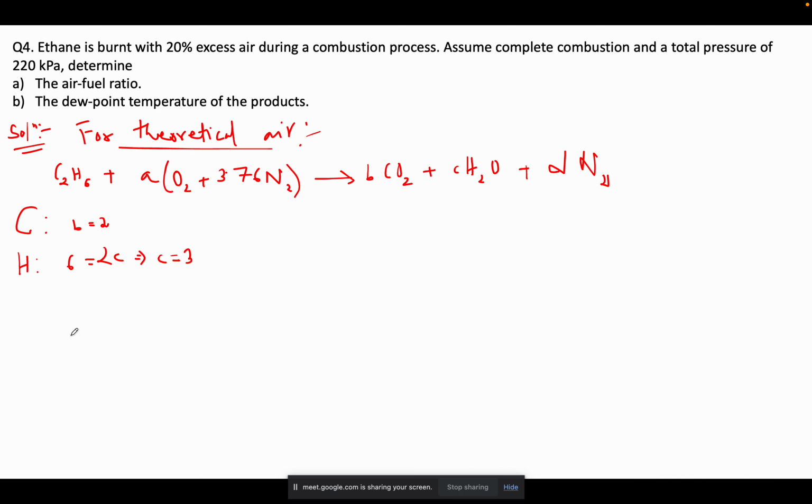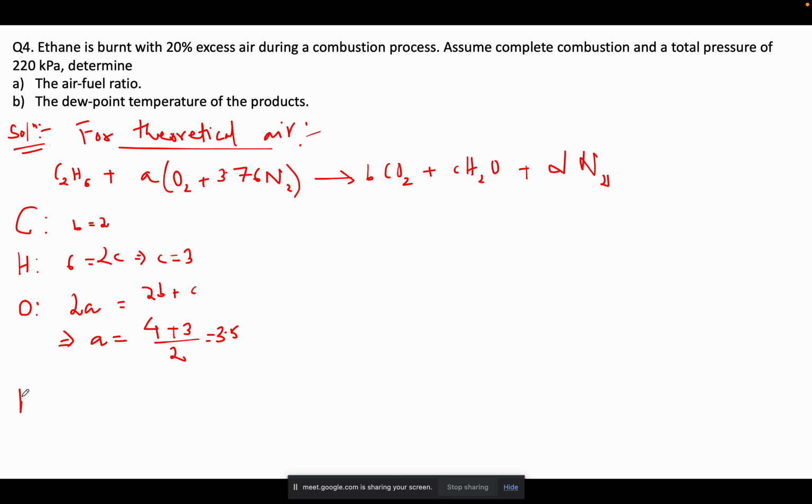Then mass balance for oxygen gives me 2A equals 2B plus C. This implies A is nothing but 2 into 4 plus 3 by 2, that is 7 by 2, which is 3.5.